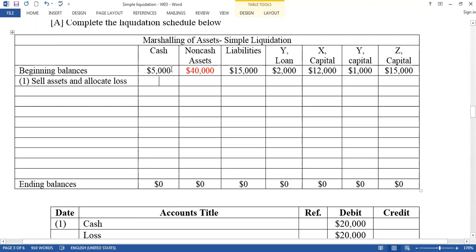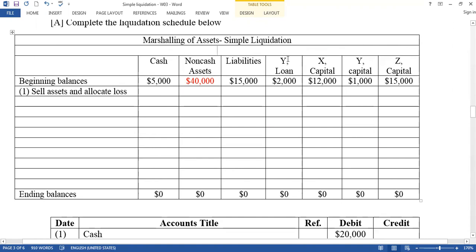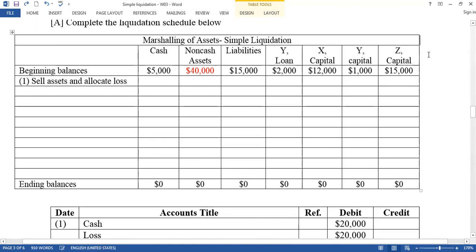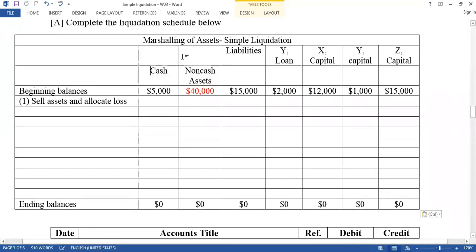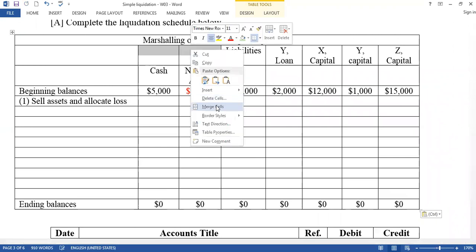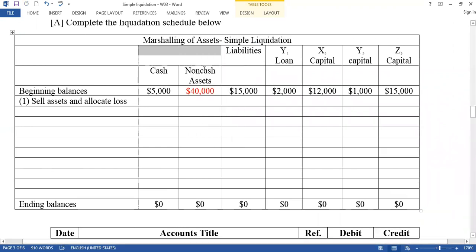Look at it from the very beginning: we have $5,000 cash, but our liabilities are $15,000, right? So according to this question, we can see that this is our asset. We have 2 assets, and we actually have 2 liabilities.